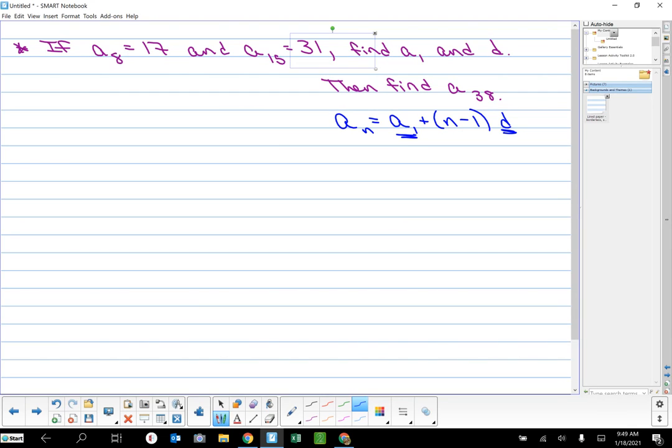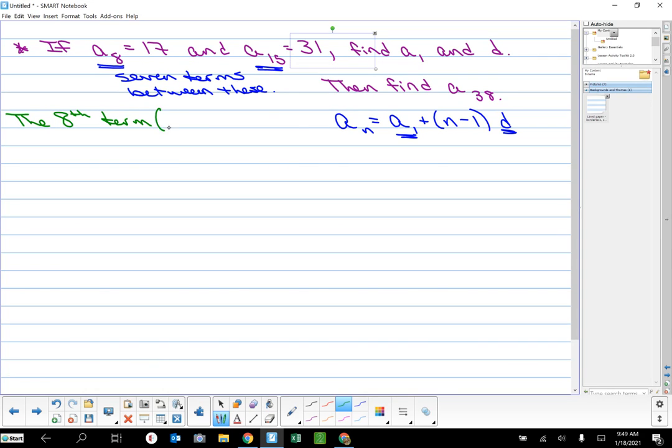We don't know anything. So here's how you need to do this. We know that to get from a sub 8 to a sub 15, there are 7 terms between these, right? Okay, so we're going to use that information. So the 8th term, I'm going to write this all out, and this applies specifically to this problem.